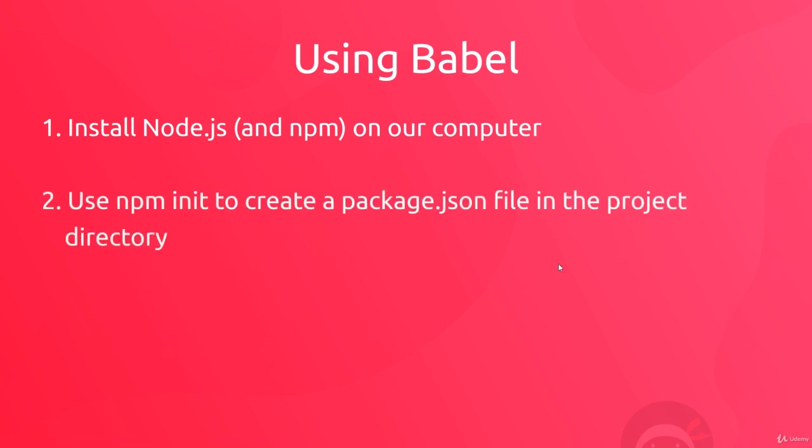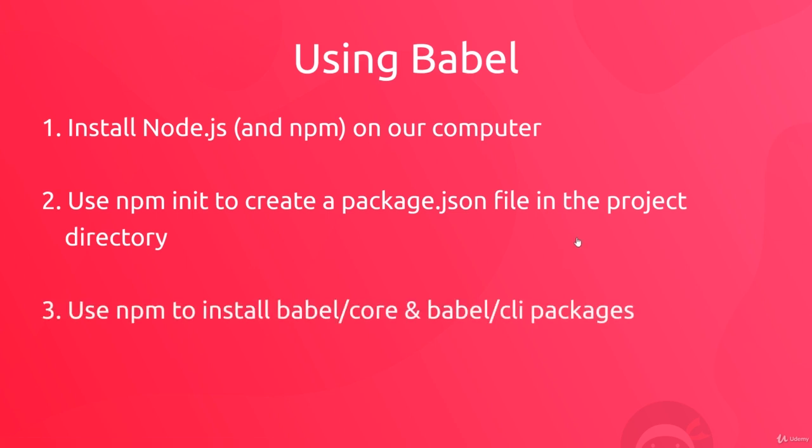Second, we used npm to create a new package.json file inside our project directory, and that keeps track of all of the different packages that we install into our project, as well as a couple of other things. Third, we used npm to install the Babel core package and the Babel CLI package locally. And by the way, the Babel CLI is just so we can use commands in the command line interface to run Babel.